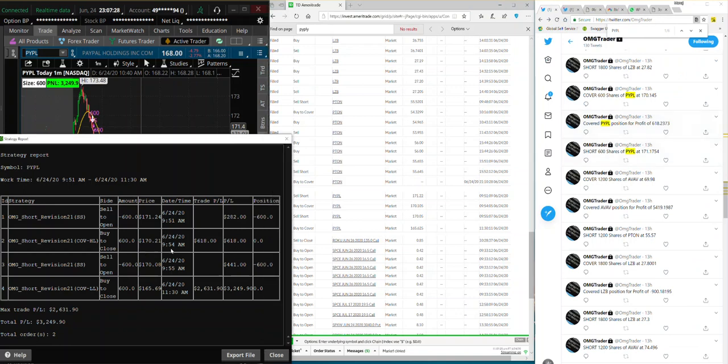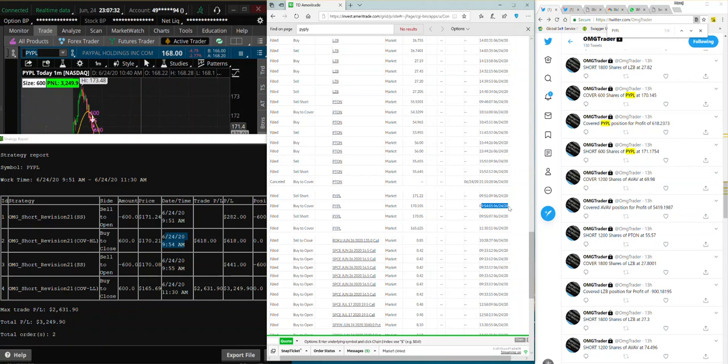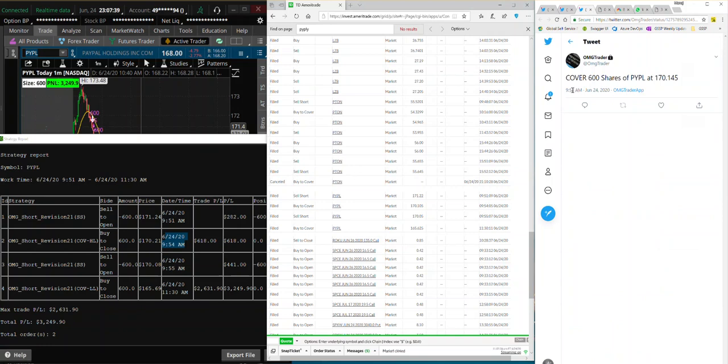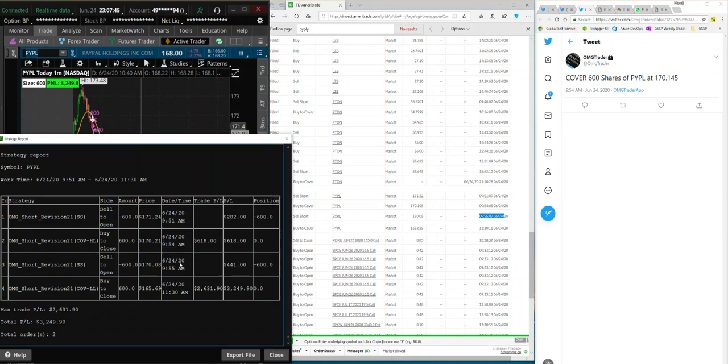And then it had a cover at 9:54, and you will see it actually did a cover on the real account at 9:54, and it did post that it did a cover at 9:54. And again it took a short at 9:55, and you will see here 9:55, 9:55.